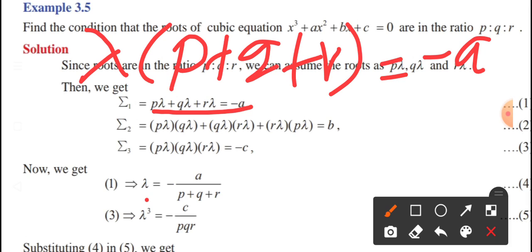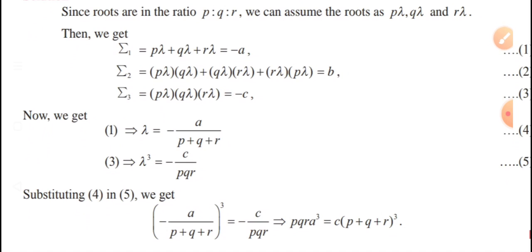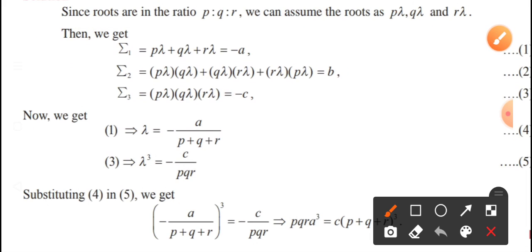Now p plus q plus r goes to the right hand side denominator, so we write lambda is equal to minus a by p plus q plus r. Now substituting this lambda in the formula, minus a by p plus q plus r, whole cube, is equal to minus c by pqr.